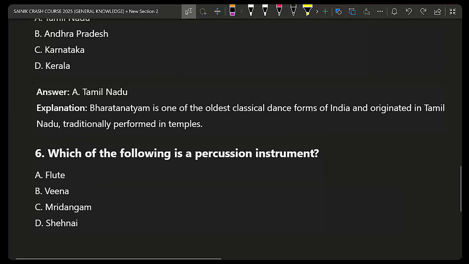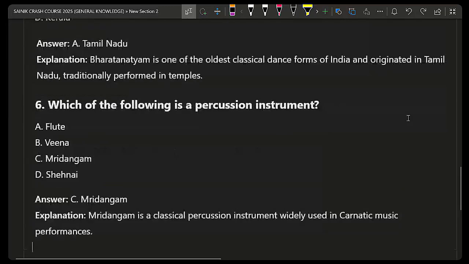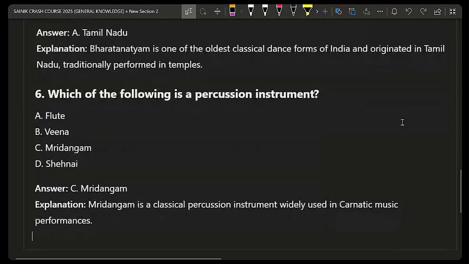One student said veena, one student said shehnai, four students said flute. But the correct answer is given by five students. Mridangam is the correct answer. Mridangam is a classical percussion instrument widely used in Carnatic music performances. Next question.